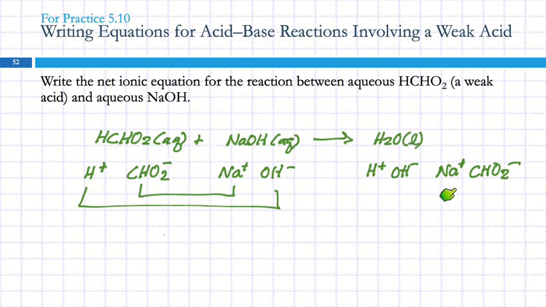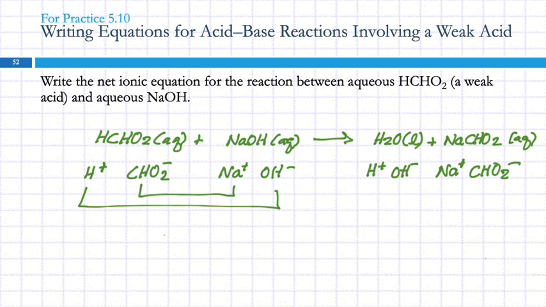And what would these two guys form? +1 charge, -1 charge. It doesn't matter that you haven't dealt with that particular ion before, it just is going to follow the rules. And so that's going to be NaCHO2. Sodium compounds, always soluble. That one's aqueous. We didn't have to, but we just wrote the molecular equation.